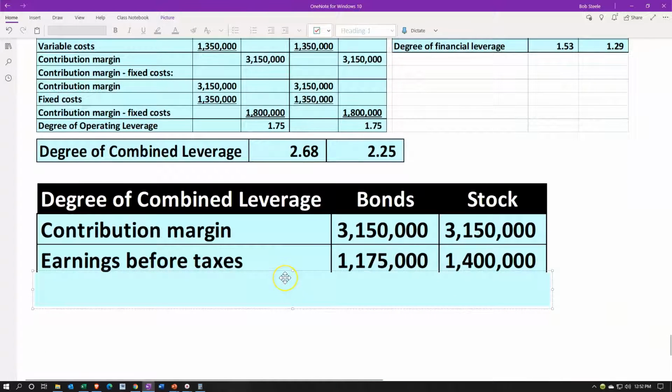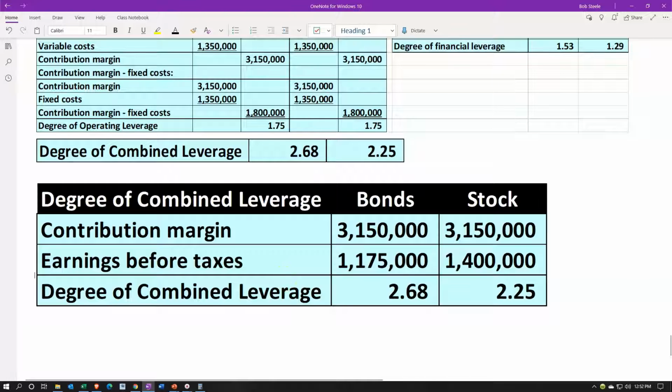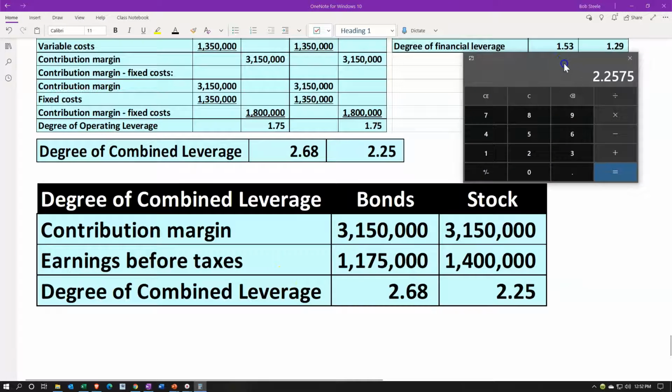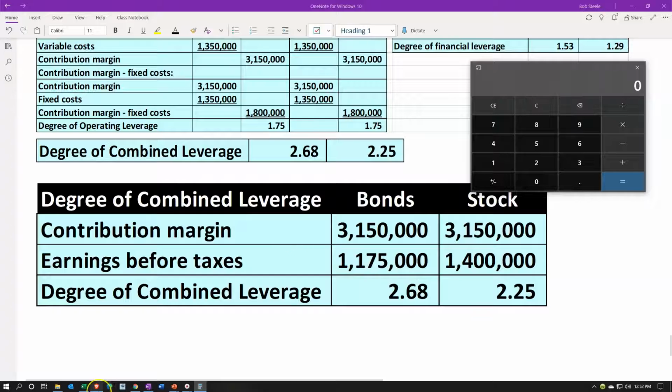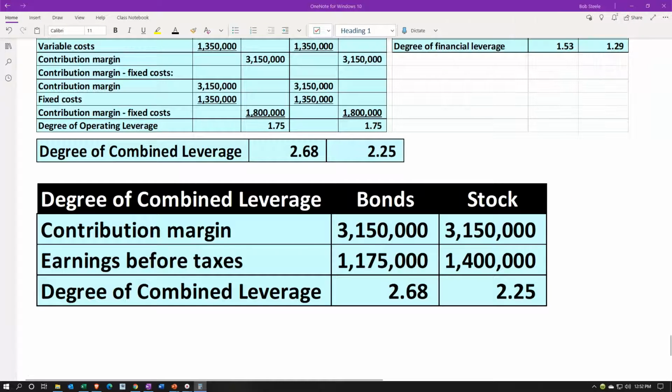And if we divide those out, we should get to our same 2.68 and 2.25, which is going to be the 315,000 divided by the 117,500. There's our 2.68 about, and the 315,000 divided by the 140,000. There's our 2.25. So there's going to be kind of our differences that we can drill down on with regards to leverage when we think about our financing options.